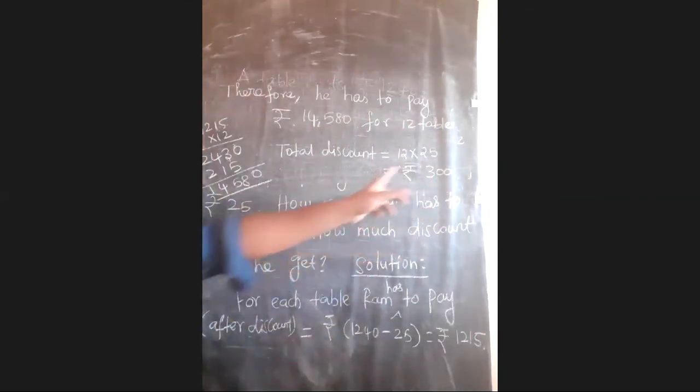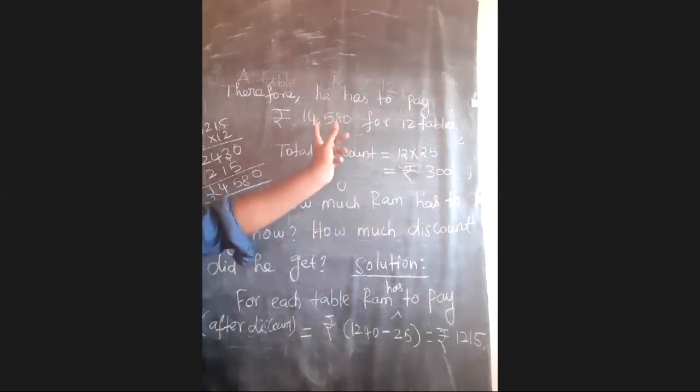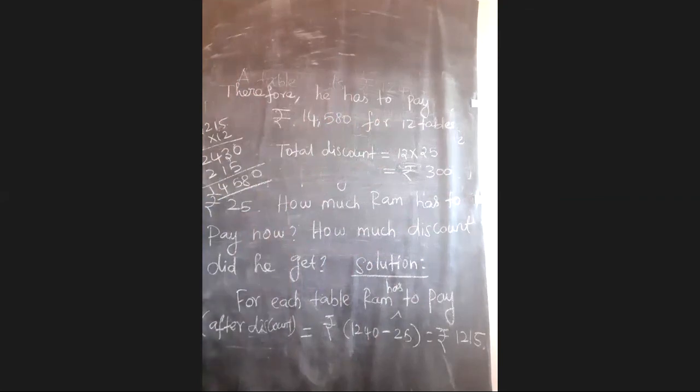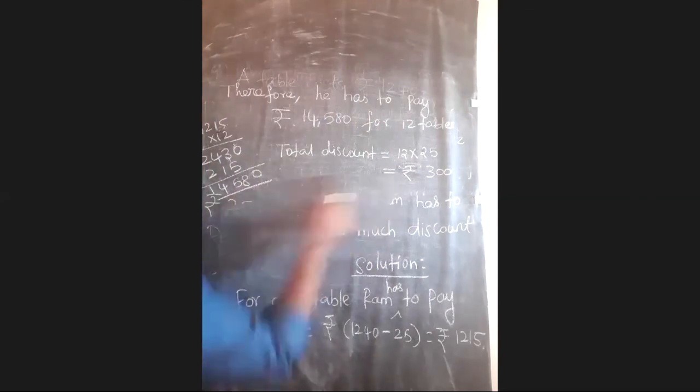So his discount is 300 and he has to pay rupees 14,580 for 12 tables. So copy this fast. I will give you 3 sums as your homework today. You have to find out the answer. So let me rub the board here.